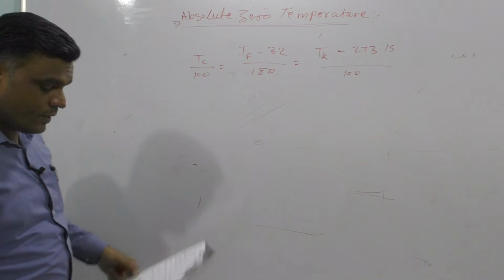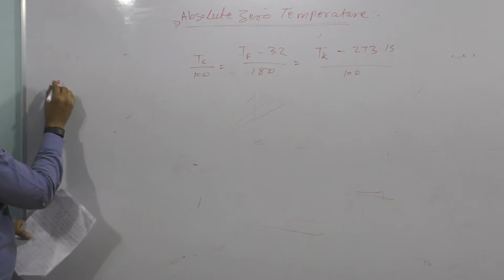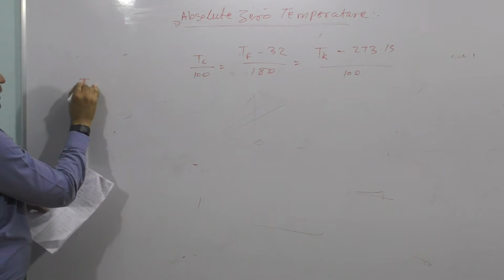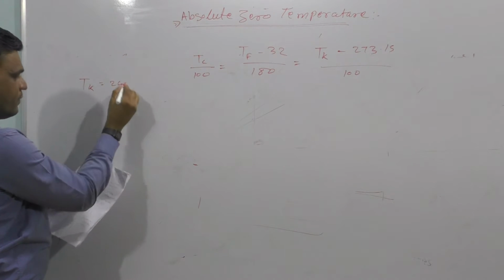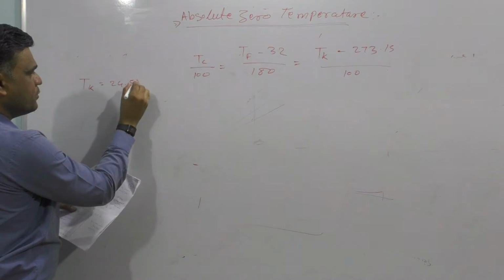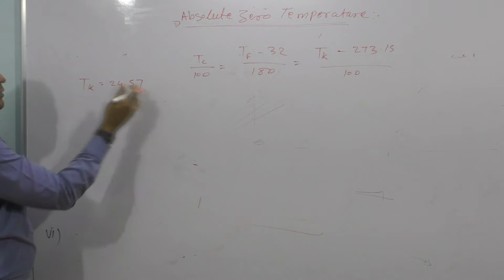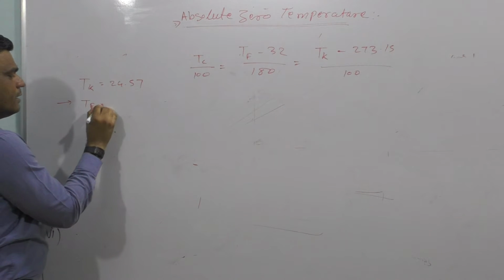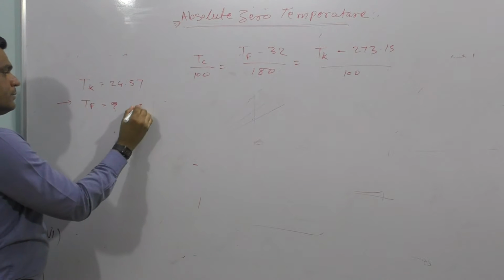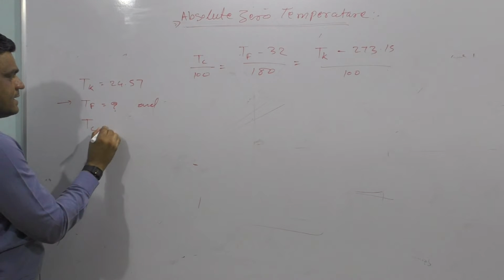Okay, now we take one example. Suppose the given temperature in Kelvin is 24.57, and we have to convert this to degree Fahrenheit and to degree Celsius.